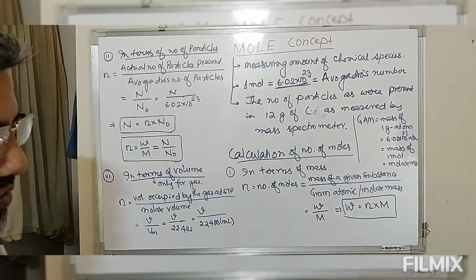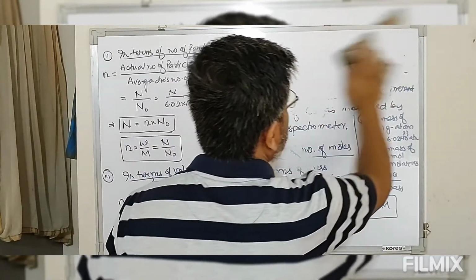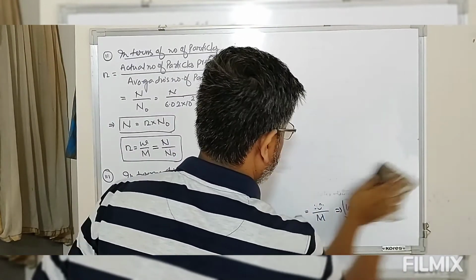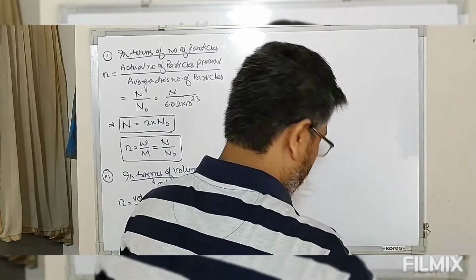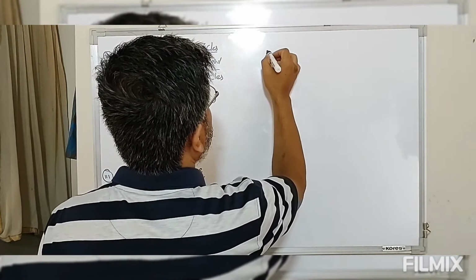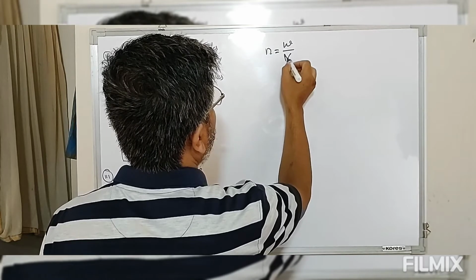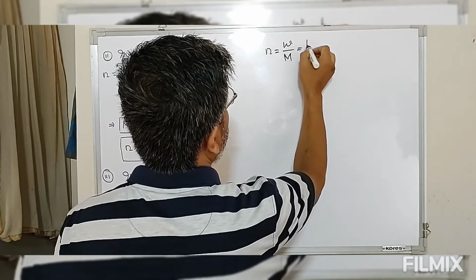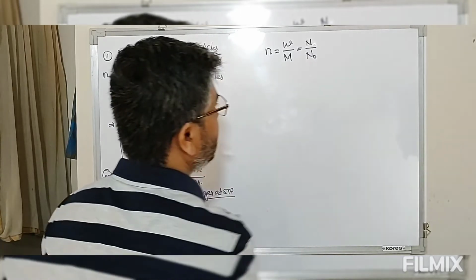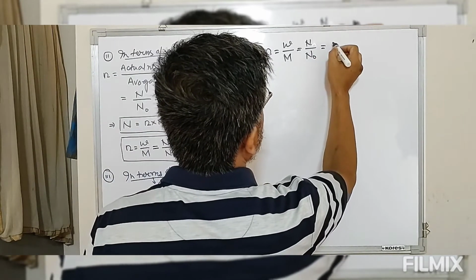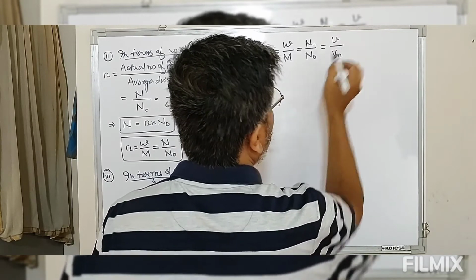So combining these three, we have number of moles. This is equal to mass divided by molar mass. This is equal to number of particles divided by Avogadro number of particles. This is equal to volume occupied by the gas divided by molar volume.